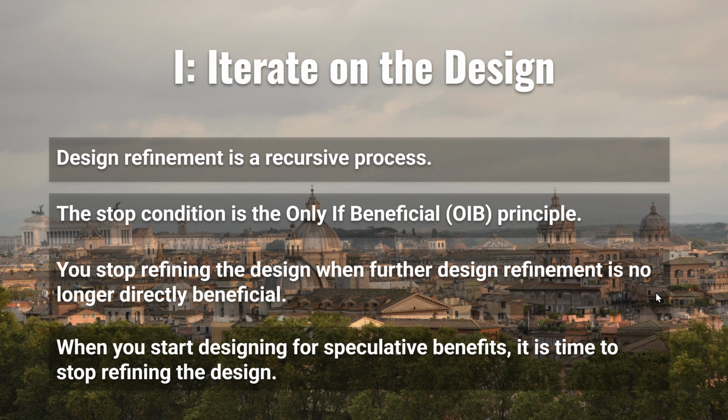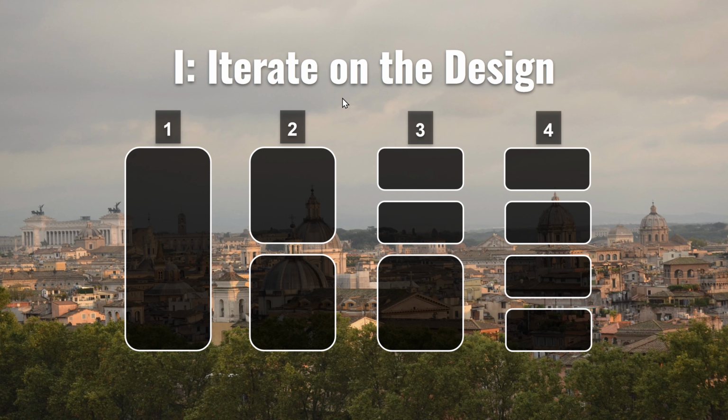Here is an illustration of what this recursive process of iterating on the design looks like. So you might start with a big component here in iteration 1, because that's all you need. You may not at this point need to split the units any further than this. In the second iteration here, something happened.